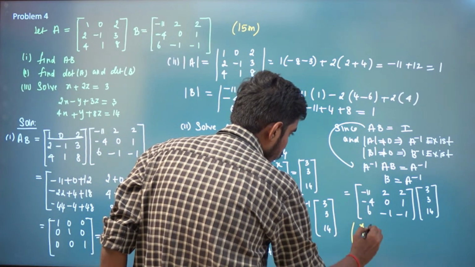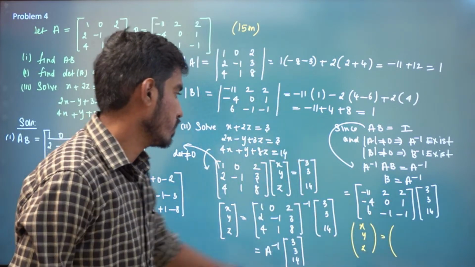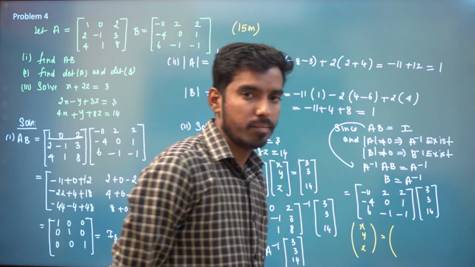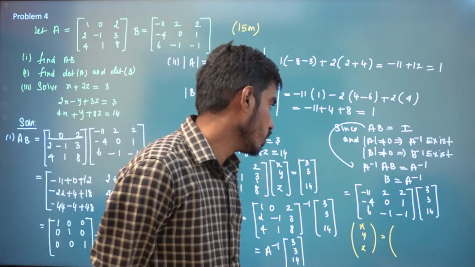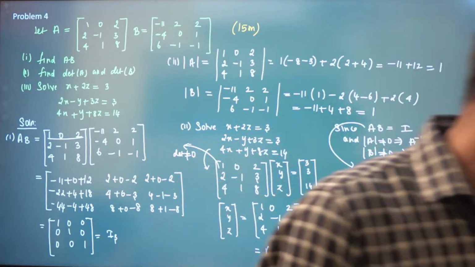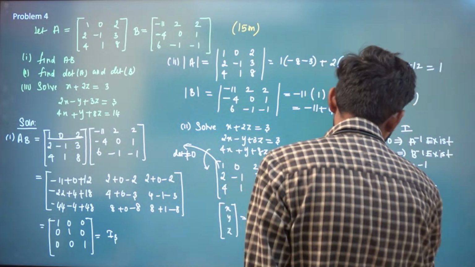So your x comma y comma z is given by minus 33 plus 6 plus 28. So 34 minus 33, we'll be getting x to be equal to 1.